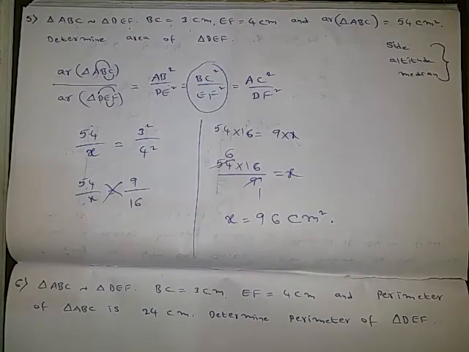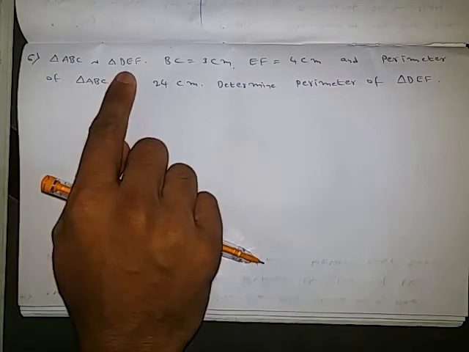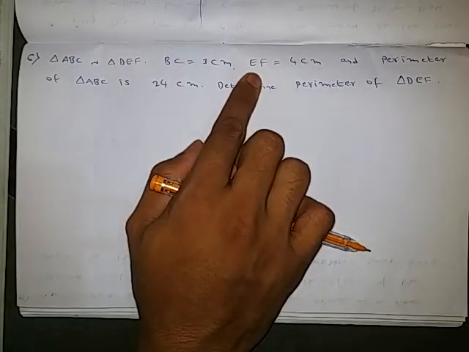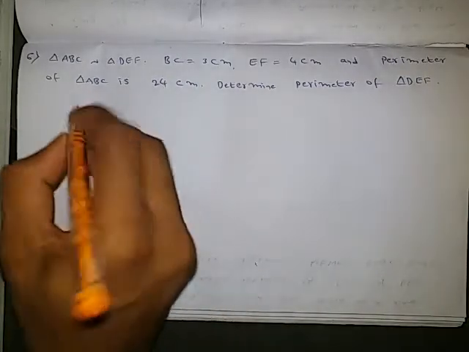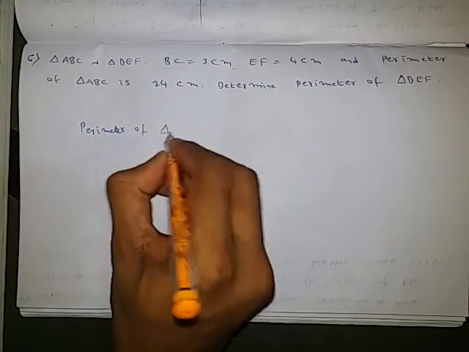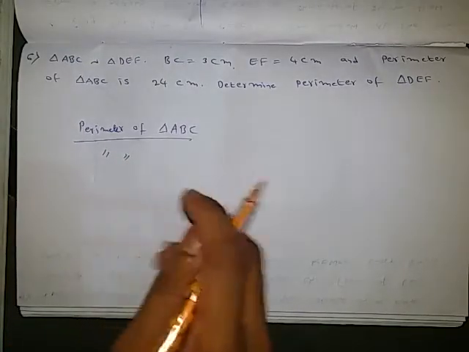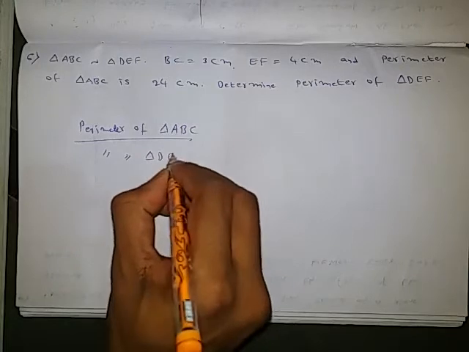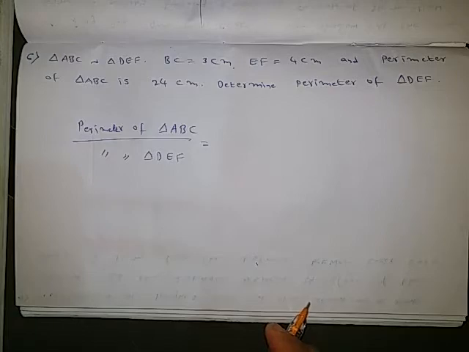Now let us move to the next question, which relates to perimeter. We have two similar triangles. BC and EF values are given, and the perimeter of triangle ABC. So the perimeter of the first triangle, that is ABC, divided by the perimeter of the second triangle DEF is equal to normal sides, no square, nothing, the ratio of corresponding sides.